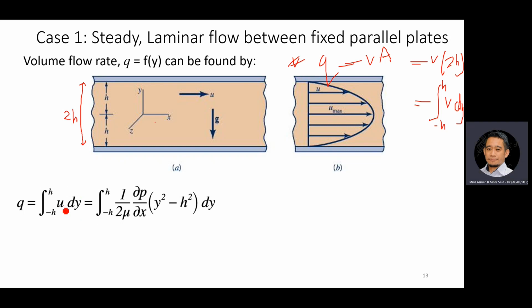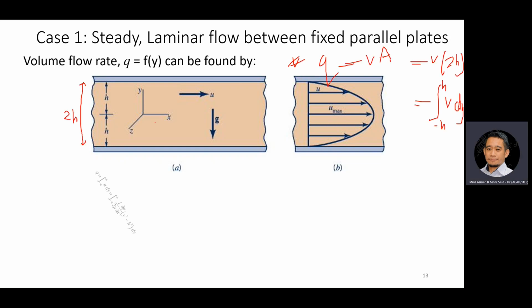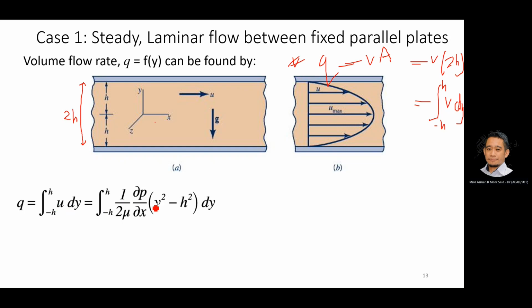We know our velocity profile here, u equal to this expression, so we can substitute that into here. All right, so now we have this expression here for the volume flow rate.